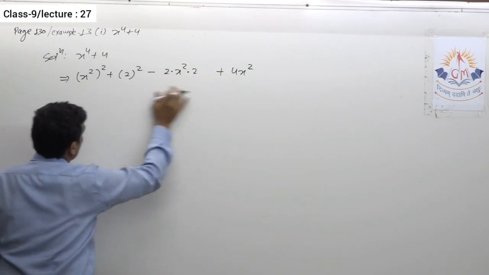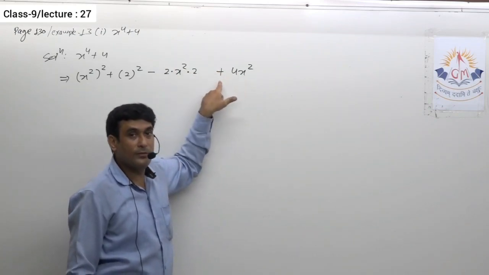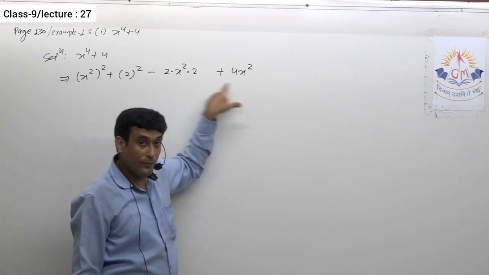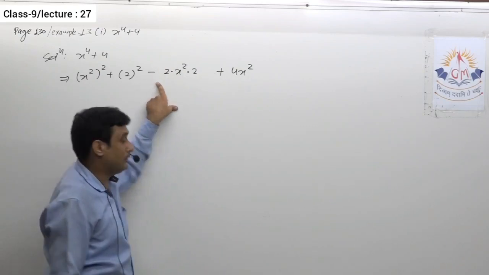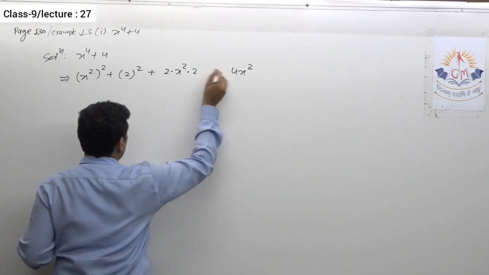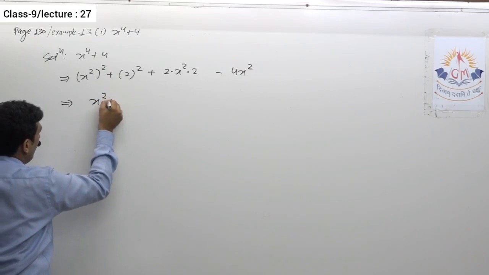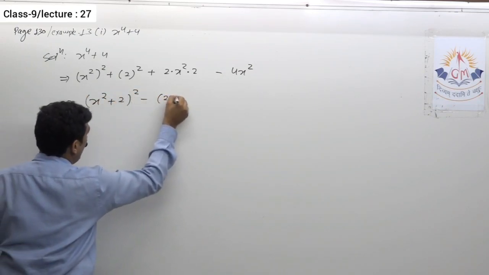Definitely this will be a complete square, but without negative sign. So it is not possible to factorize it further if I take minus over here. So here I should take plus, here I will get minus, and these three terms give me x square plus 2 whole square, and this gives me 2x whole square.